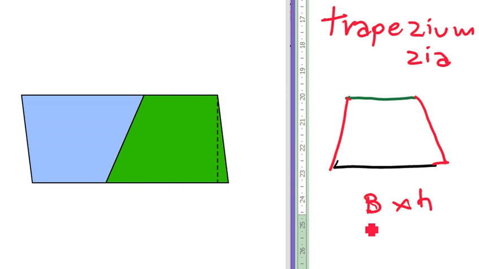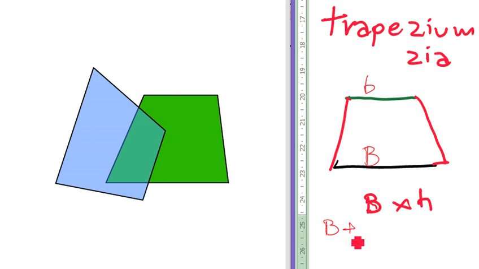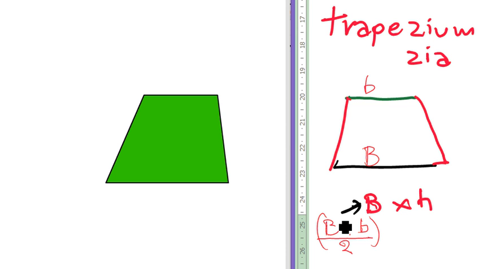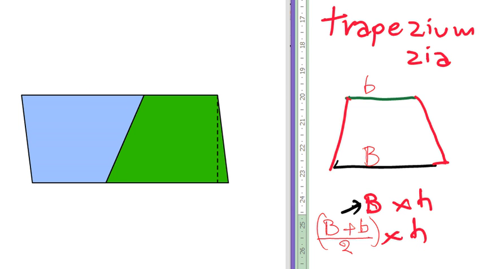We are using as base the average of the large base and the small base. So we say large base and small base added together and then divided by 2. This is the average of the base, times height as normal.